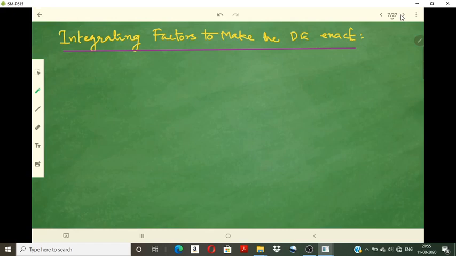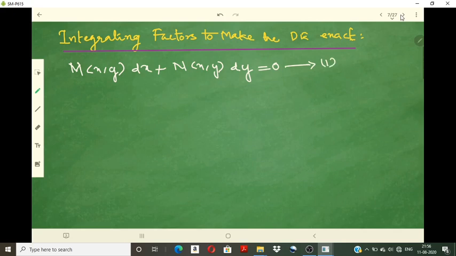In the last lecture, we found that there may be some equations of the form M(x,y) dx plus N(x,y) dy equal to 0, or M(x,y) plus N(x,y) dy/dx equal to 0, which are not exact.